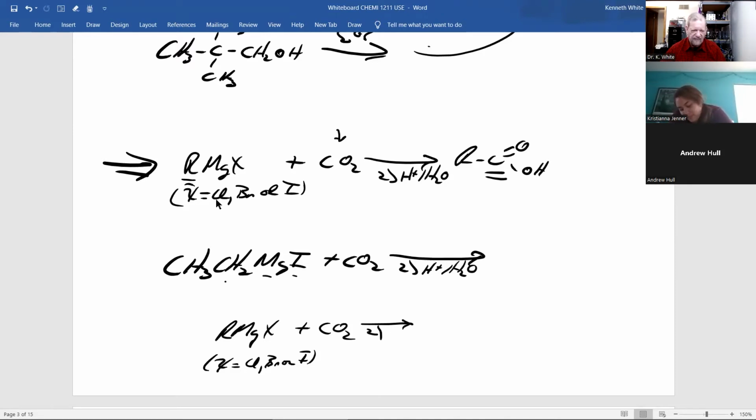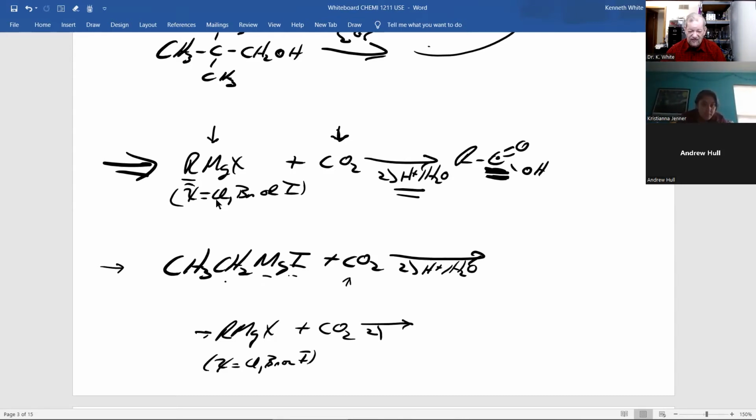Let's do this again. You start with a Grignard, react it with carbon dioxide, second step water. You make a carboxylic acid that's 1 carbon longer than the R group you started with in the Grignard. Let's look at this reaction. What do we have? Carbon, magnesium halide. This is a Grignard.